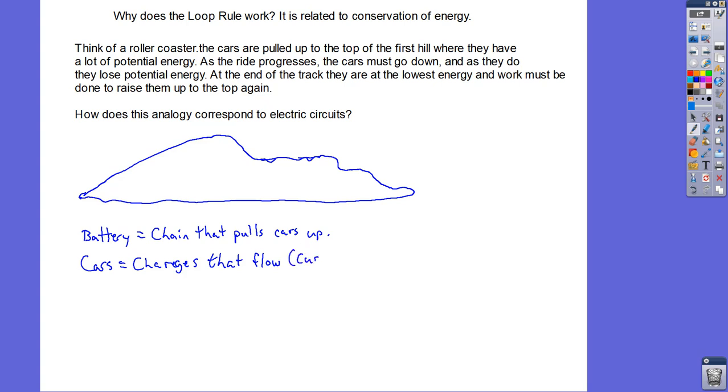So basically that's going to be the current. And then the elevation is basically kind of like potential energy, going to represent the changes in electric potential. And electric potential is the voltage.